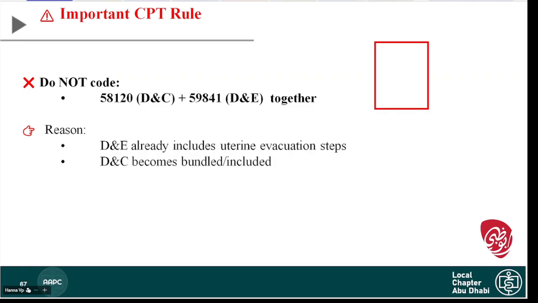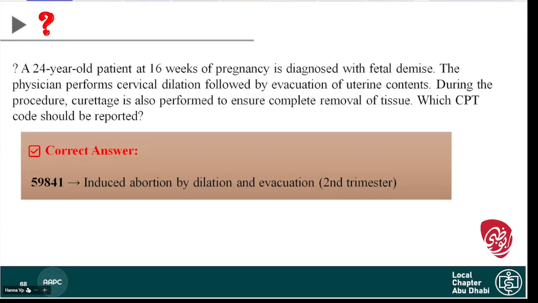Now, let me show you one example question, guys, for this. See this. A 24-year-old patient at 16 weeks of pregnancy is diagnosed with fetal demise. The physician performs cervical dilation followed by evacuation of uterine contents. During the procedure, curettage is also performed to ensure complete removal of tissue. Which CPT code should be reported here?